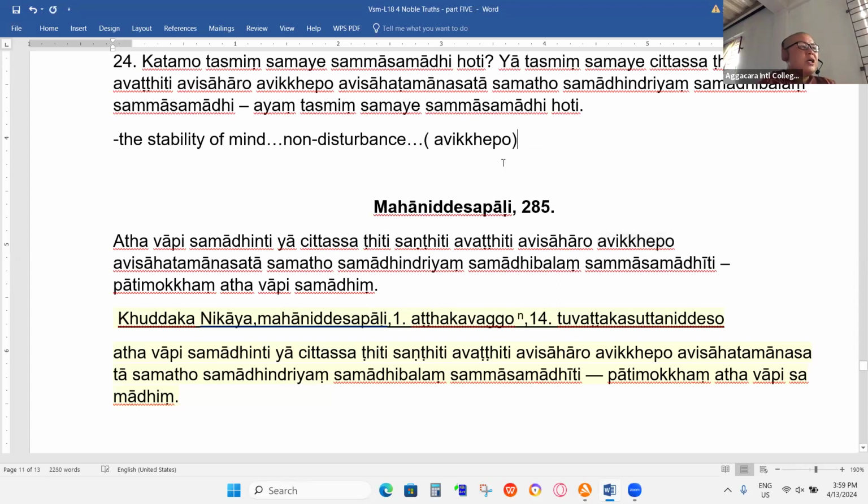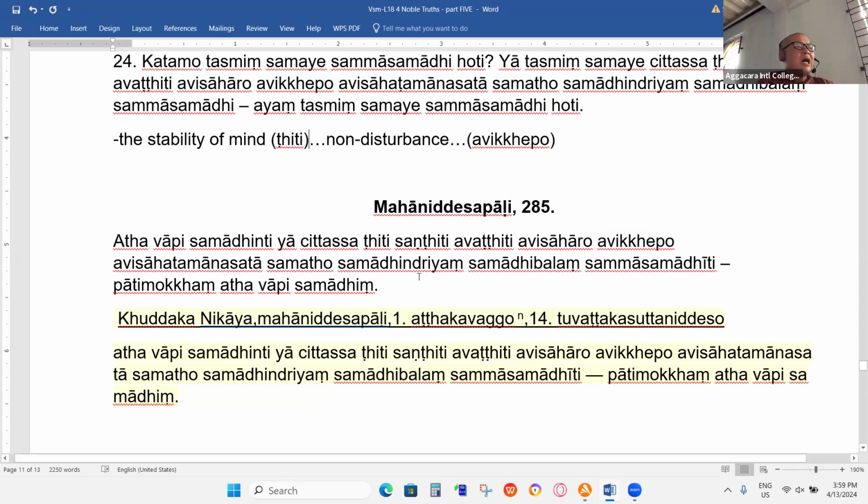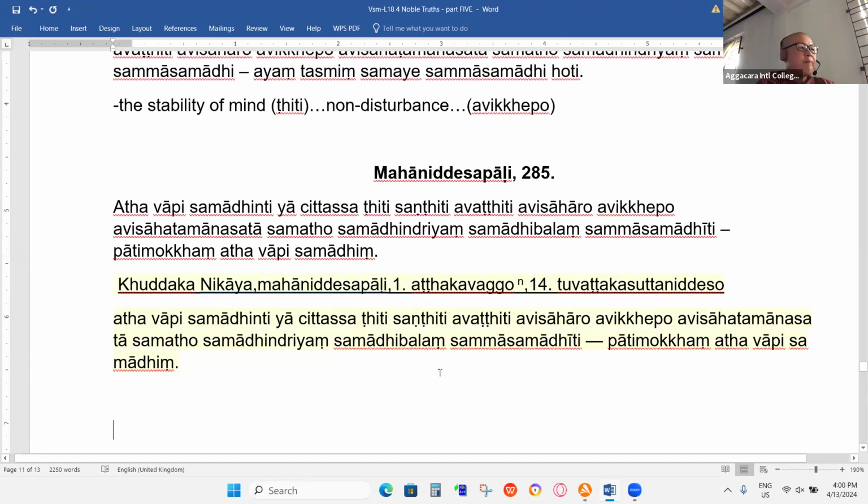From this sutta, it didn't say you must go for first jhana, second jhana, third jhana. It just says that you need to make sure your mind is stable and not disturbed by other things.